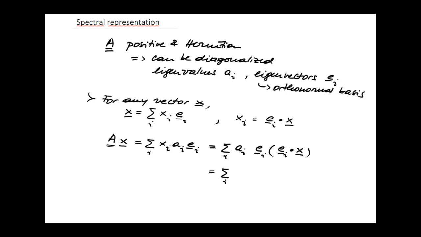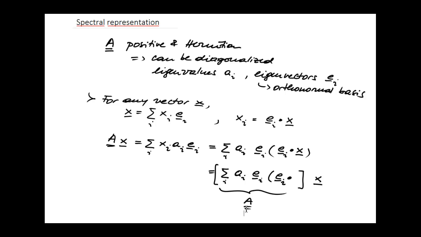So formally, we can write this as sum over i, ai, ei, and then let me write it symbolically in this form, ei scalar product with x.